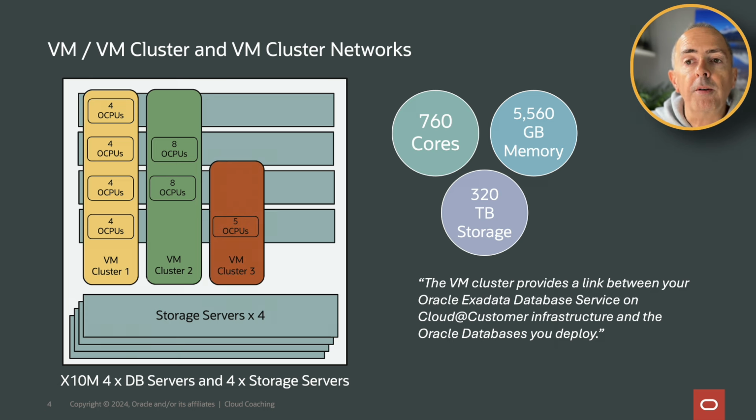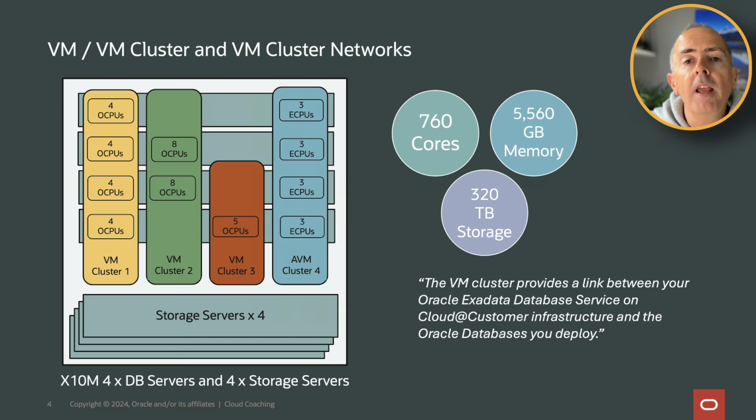Now, the third example is where we only have 1 VM running, this time with 5 OCPUs. Of course, having only 1 VM running means this VM cluster won't be highly available, but it might be suitable for test or dev environments, or where we're not running Oracle RAC across multiple database servers. And finally, we have an example of a VM cluster that can run the autonomous database.